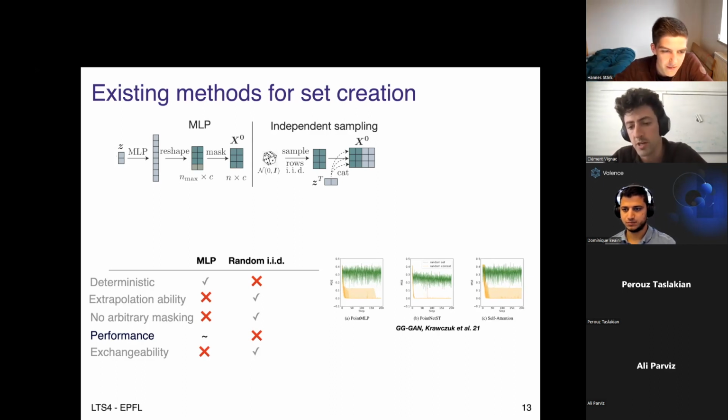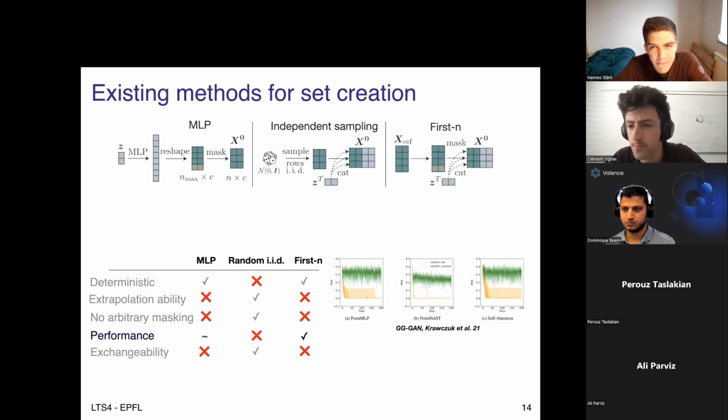But okay, this is a previous paper by other people at EPFL. On the right, this random set is what I call independent sampling. So it's just difficult to train. There is a lot of stochasticity. So what they propose instead is the yellow one, and I call it first time creation.